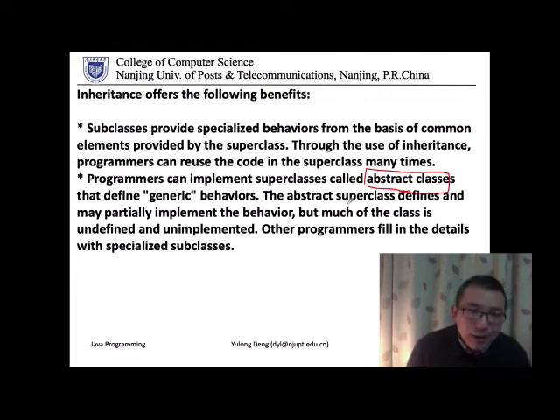In a future class, we will give you more information about this abstract class. I think maybe in the fifth chapter we're talking about a lot of things about abstract class. I'll give you a real example for it so you can understand it well.